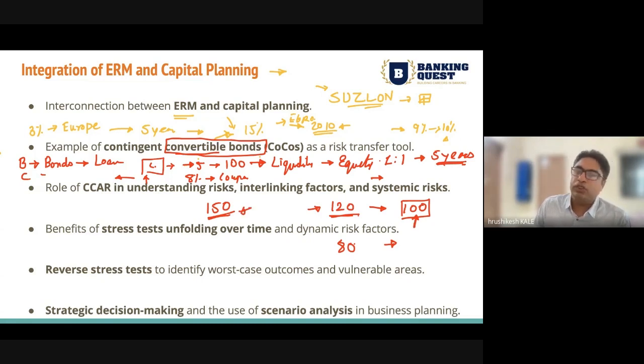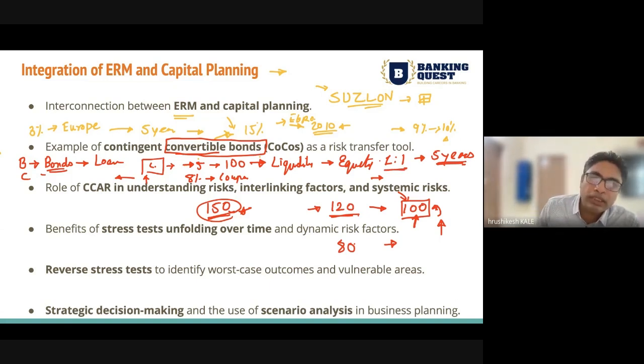This is a win-win situation. Why? Because the company which has issued the bond will not have to pay money back since it gets converted into equity share. It is also beneficial for the investor because rather than getting 100 rupees, now he is getting 150 rupees. So that is called a convertible bond. The bond which can get converted into equity share at a pre-decided ratio.